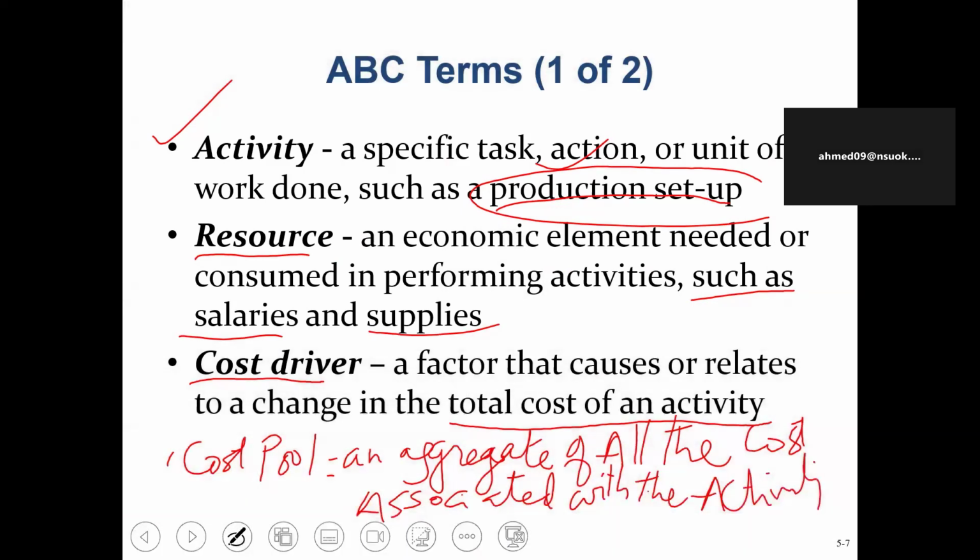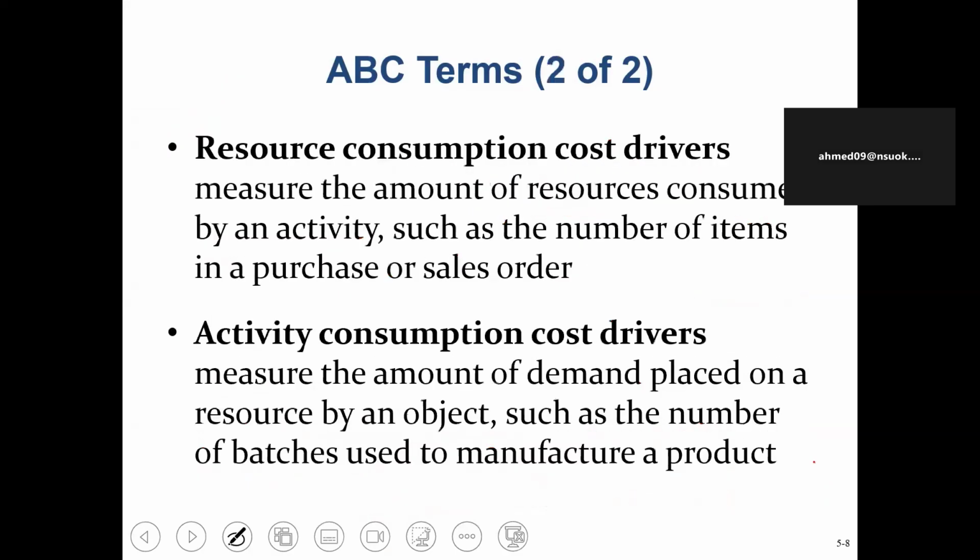Under the cost pool, there are several categories, and we will also see those. Okay.